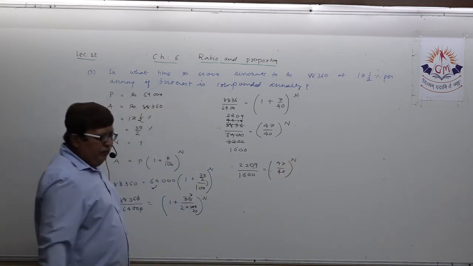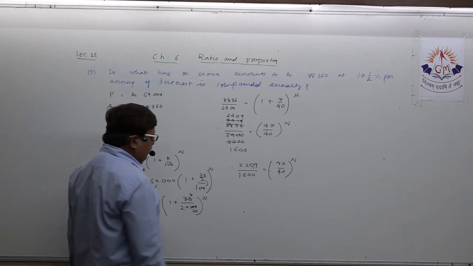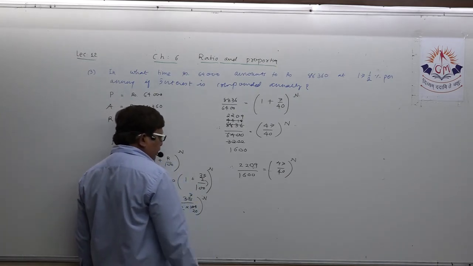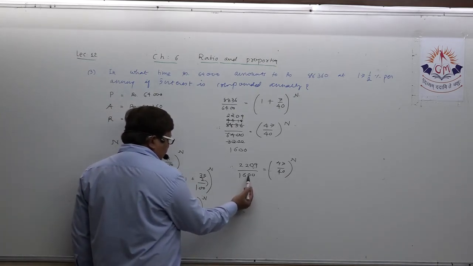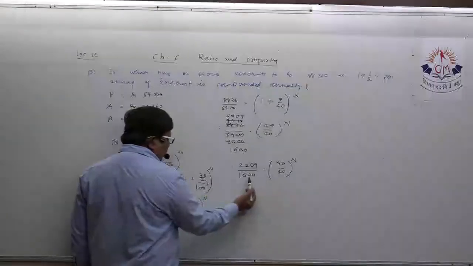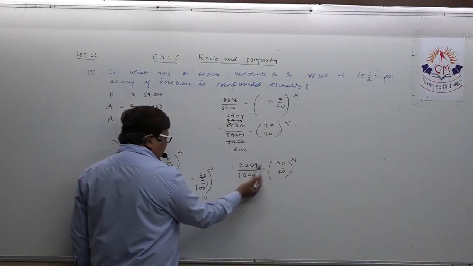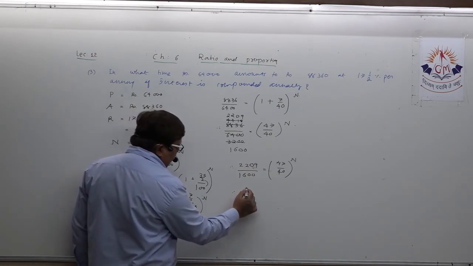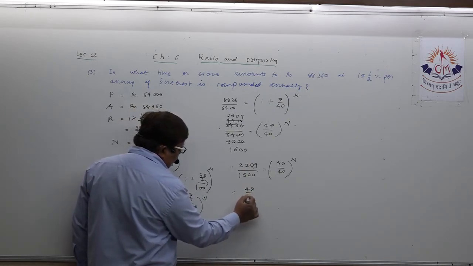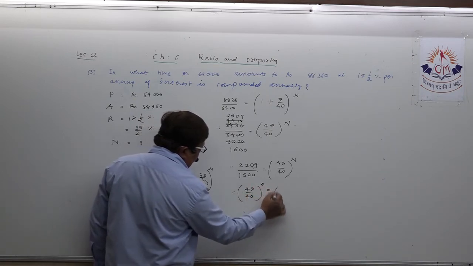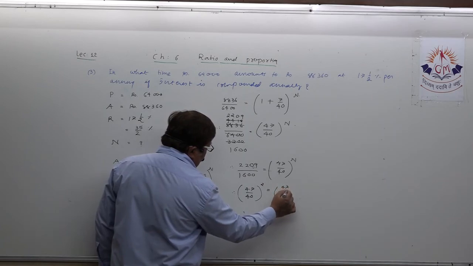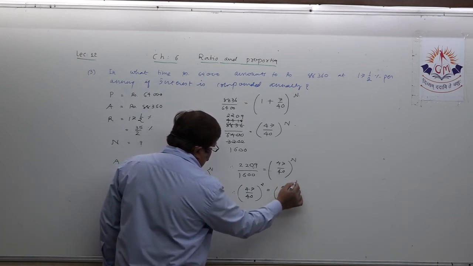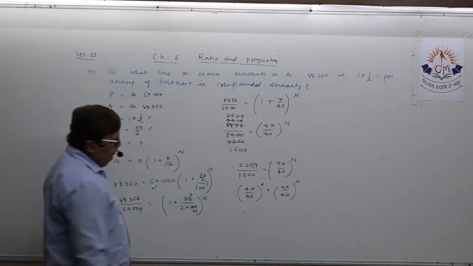Now just try your best to relate it. Is it possible to relate? Yes, 1600 is the square of 40, and 2209 is the square of 47. So you can write directly 47 upon 40 raised to 2 equals 47 upon 40 raised to n.